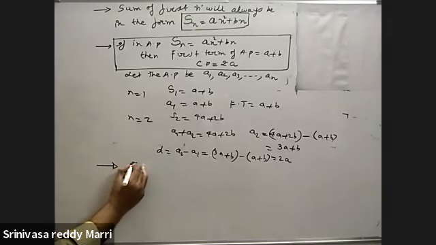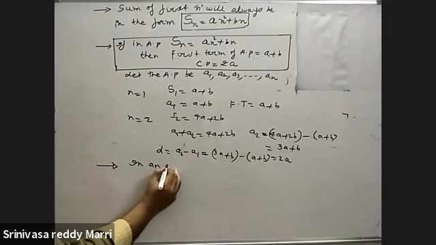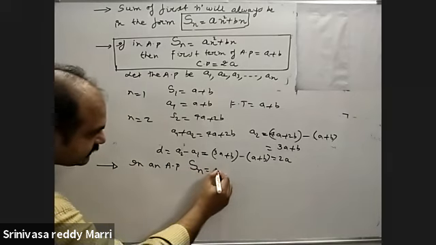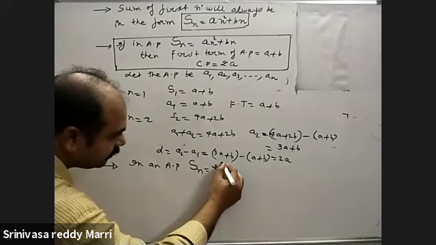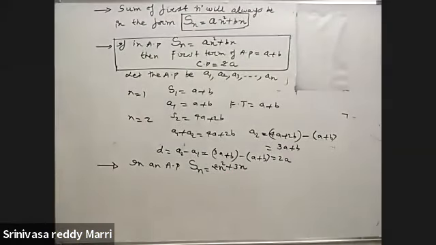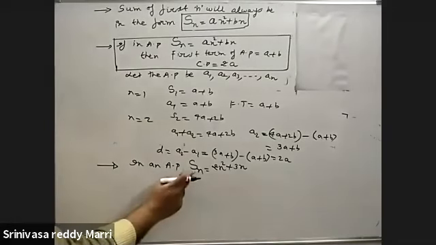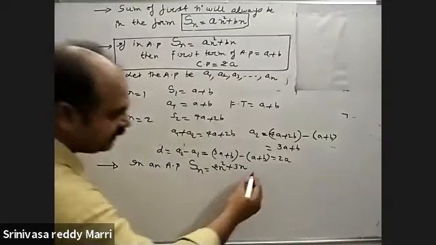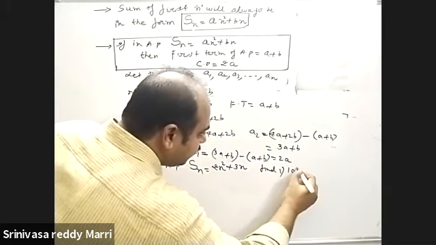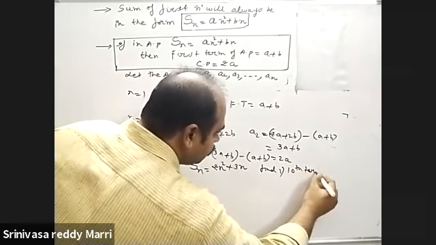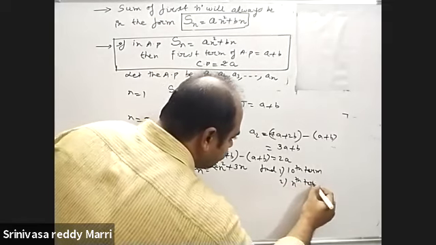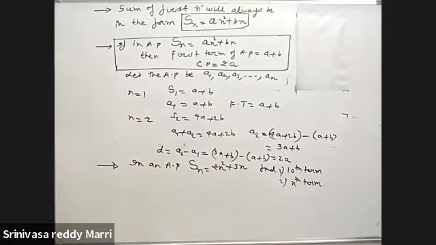Look at this. In an AP, Sn is given as 2n square plus 3n, that means the sum of first n terms. Find number 1, the 10th term of that AP, and number 2, the nth term of that AP.